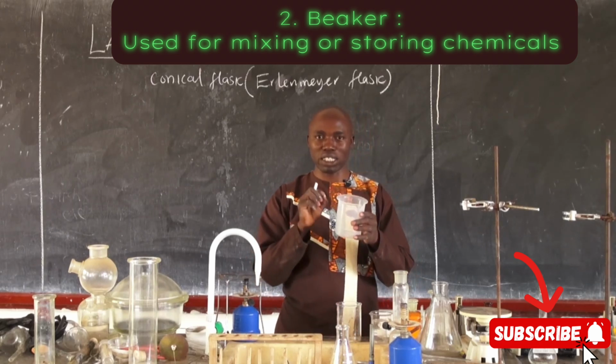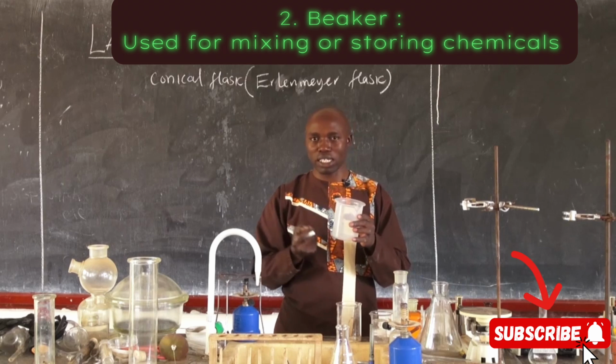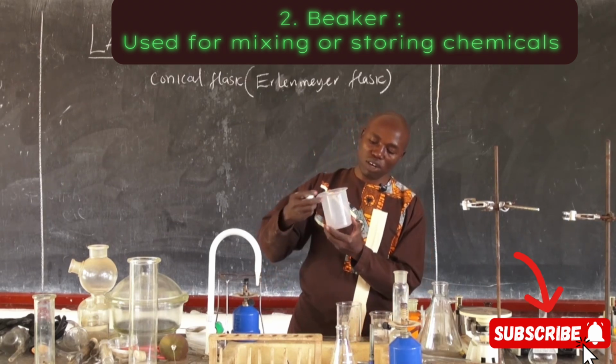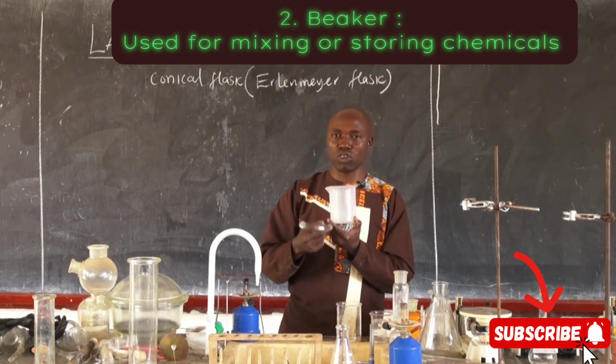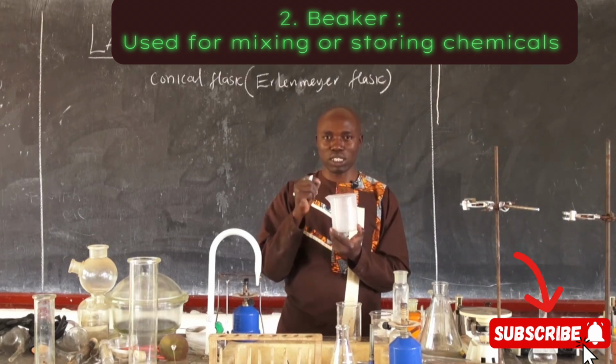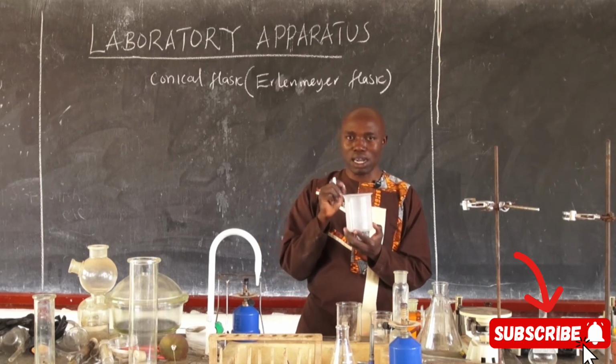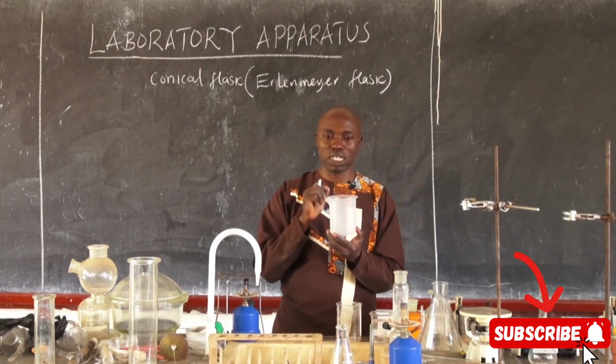So they are used for mixing chemicals, and also boiling chemicals, and also keeping chemicals. They have graduations, but most times we don't base on these graduations to measure the exact volumes we require. We use some other accurate apparatus, as we are going to see, for measuring volumes.